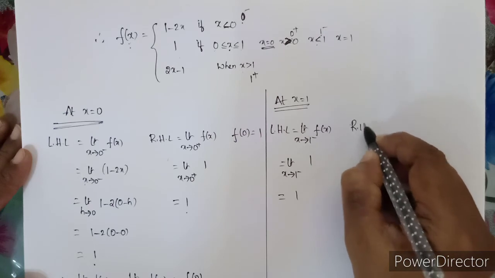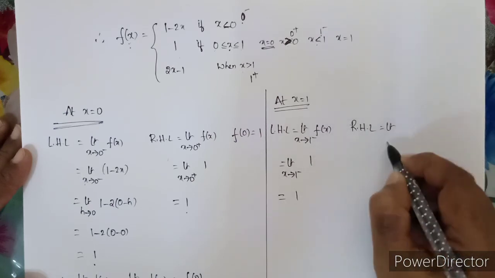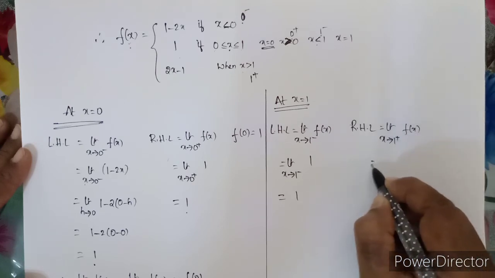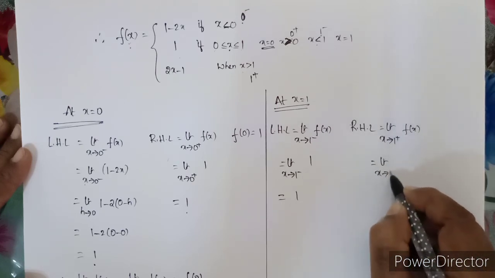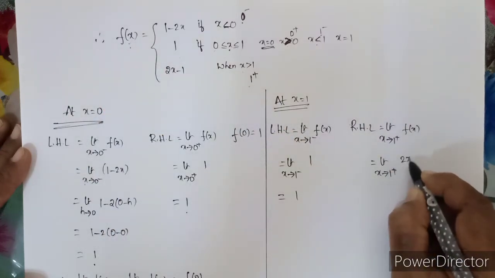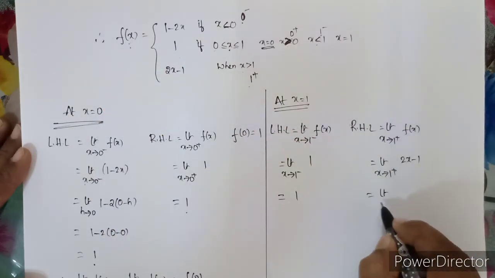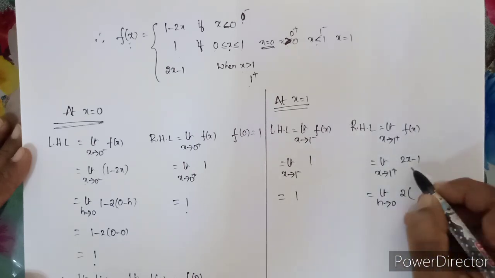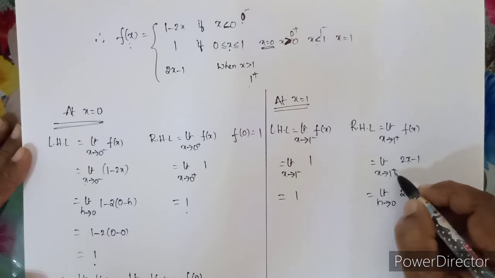Now we should take the right-handed limit. Limit x tends to 1 plus f of x. Here f of x is 2x minus 1. We convert this limit into h. Limit h tends to 0, 2 into, in place of x we write 1 plus h.